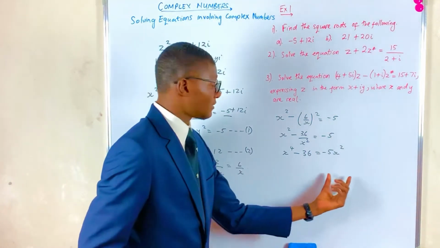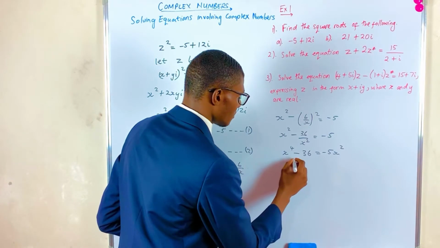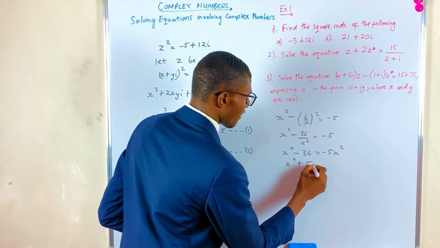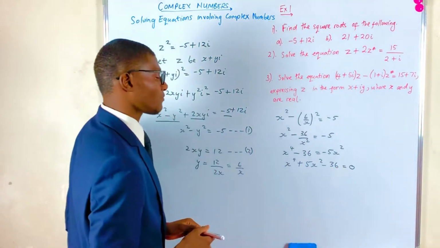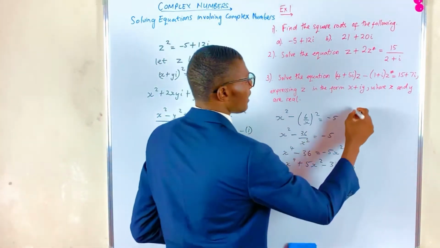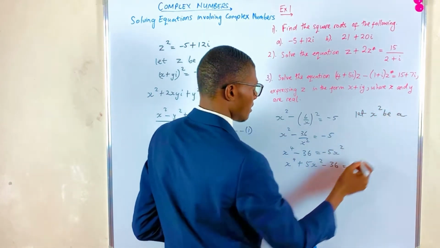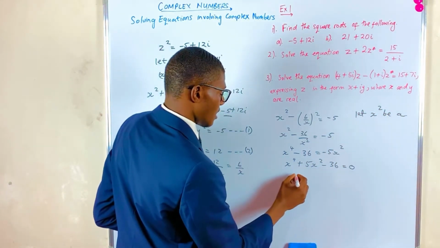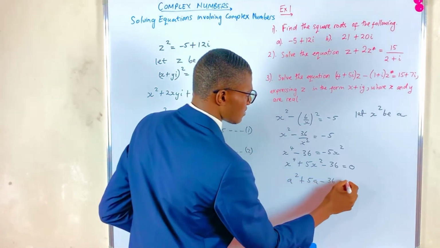If you collect this minus 5x squared to the left hand side, this will be x to the power 4 plus 5x squared minus 36 to give us 0, right? And then we shall say let x squared be a, such that we've got a squared plus 5a minus 36 is equal to 0.